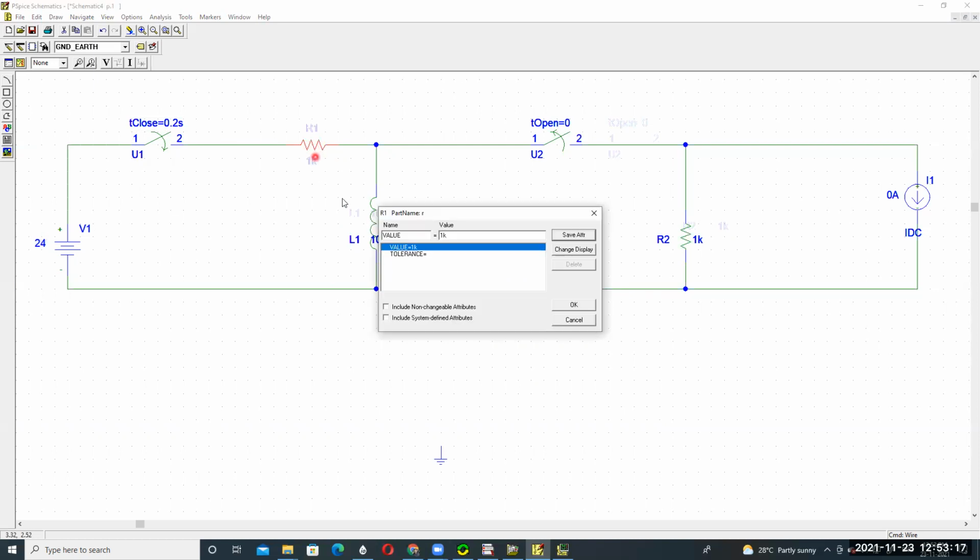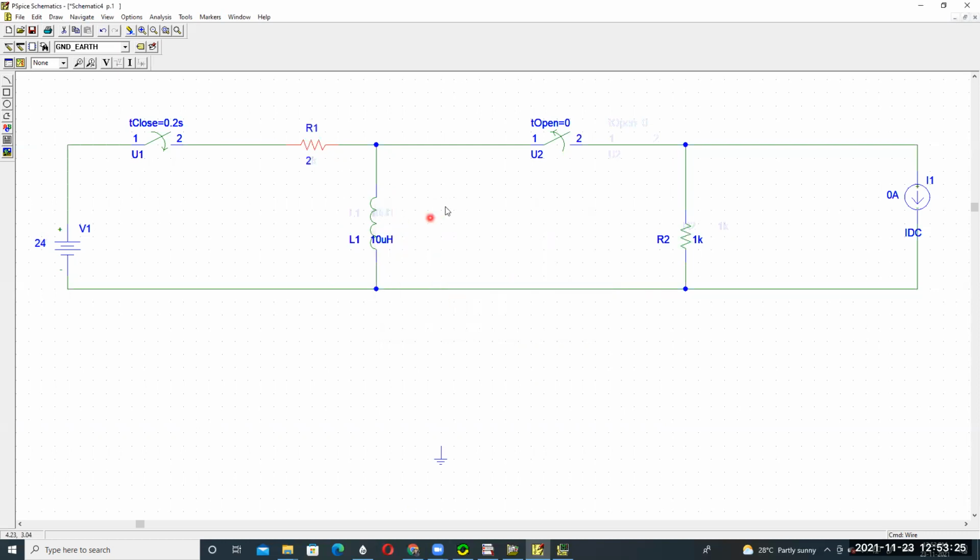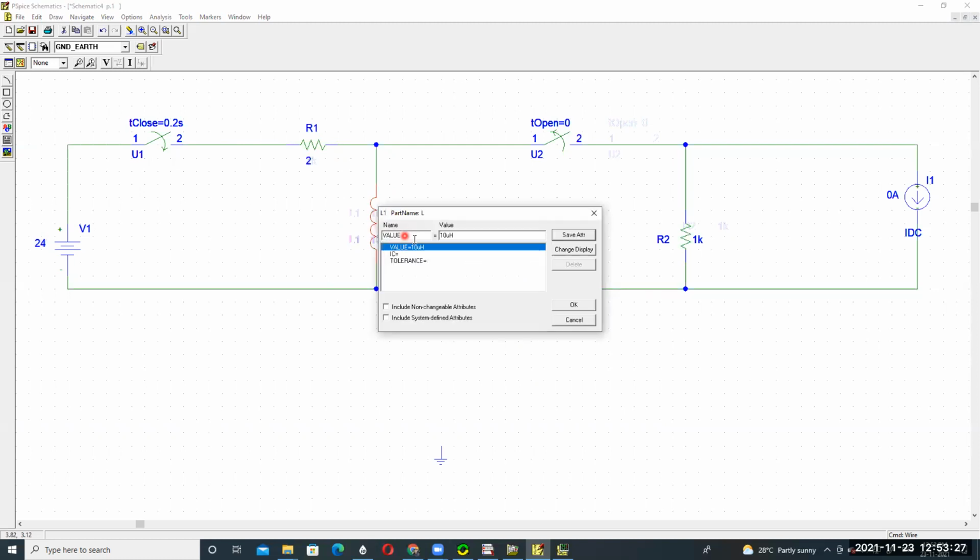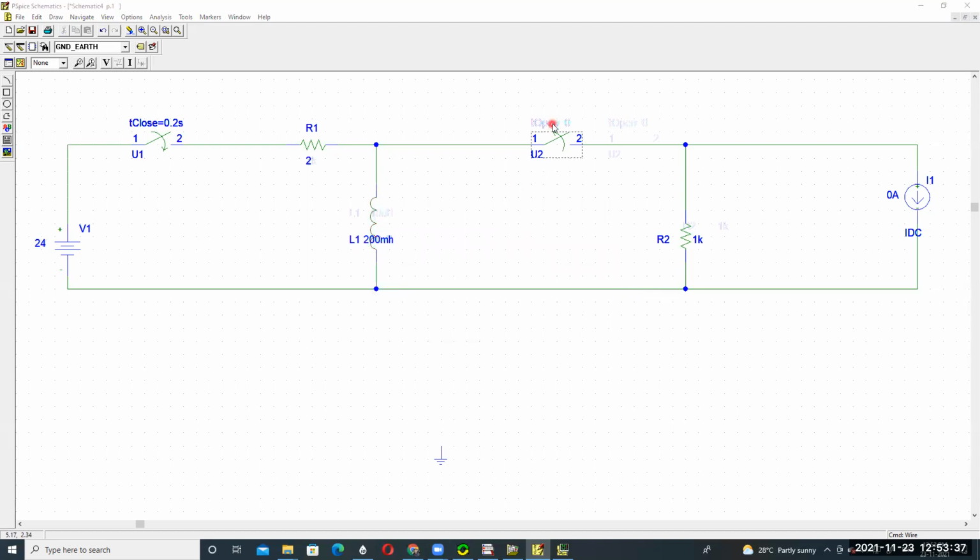What is the value of resistance? 2 ohms, just 2. And what is the value of inductance here? 100 millihenry, mH. And then T open at 0.2 seconds.